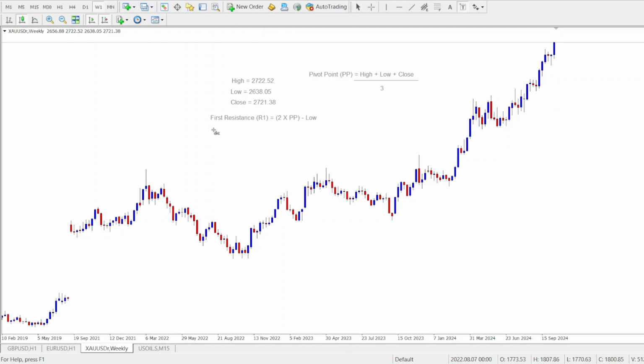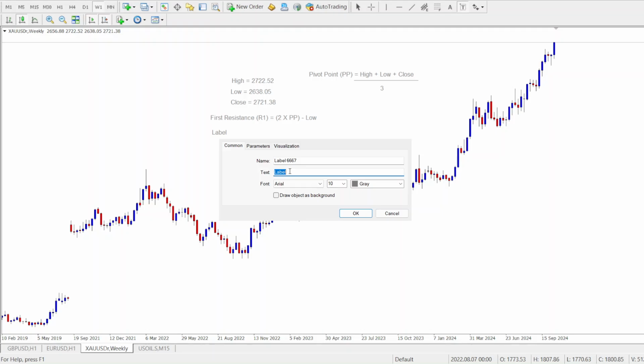Then as for our first support, we have 2 multiplied by pivot point minus the high.